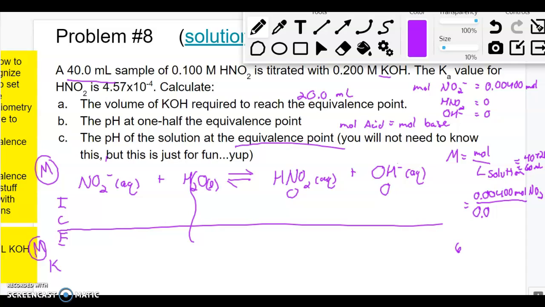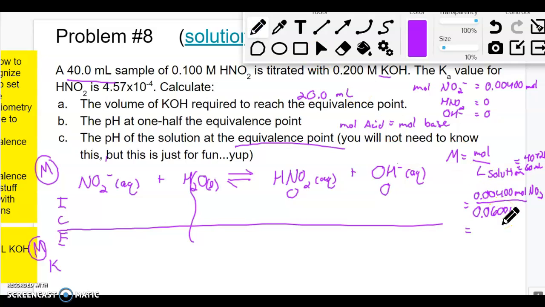A lot of times when I'm converting milliliters to liters, I need to do this for myself, because oftentimes I will mix it up and multiply when I should be dividing. Just a little thing to keep in mind. And so we have 0.0600 liters. I had to do that because I am trying to figure out molarity, not just moles.